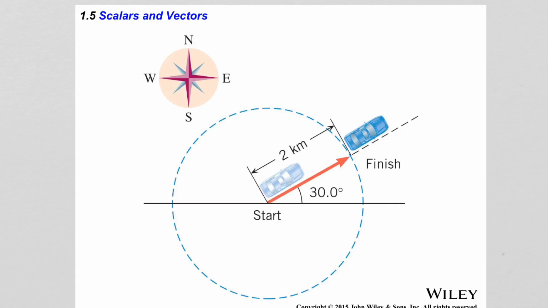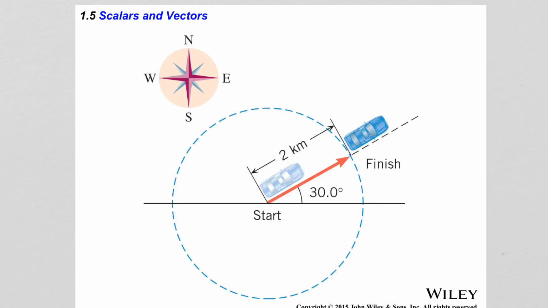Well, I can look at the motion of this car in the context of an actual map, where I have north, east, south, and west directions. I can align the motion of the car so that I have essentially two axes of motion. One is horizontal, that aligns with the west and east directions, and one vertical that aligns with the north and south directions.